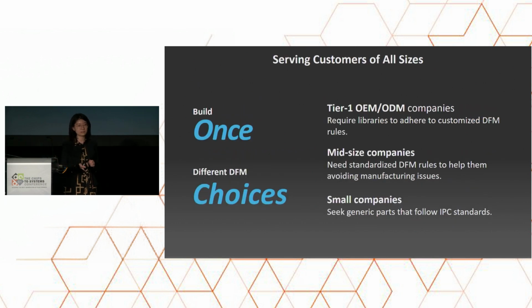Because we also modularize the design for manufacturing knowledge base, for every new component we only need to create the library file once, and then use different combinations of the design for manufacturing rules to create different versions of the libraries. This is the reason why we can satisfy all the different requirements from different customers.